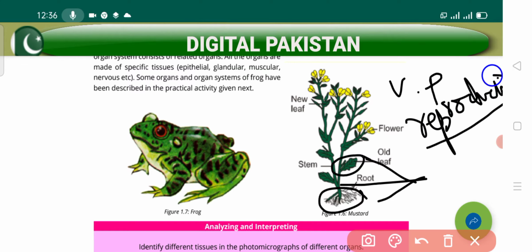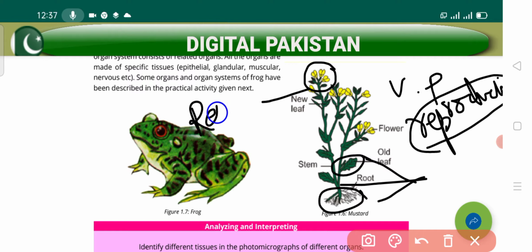You know very well the meaning of reproduction. The meaning of reproduction is to produce new offspring. This means the new seeds for the next generation. But these flowers are considered as the reproductive part. The reason is that the flower is involved in reproduction.